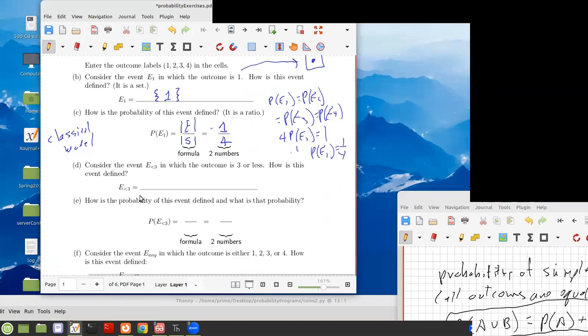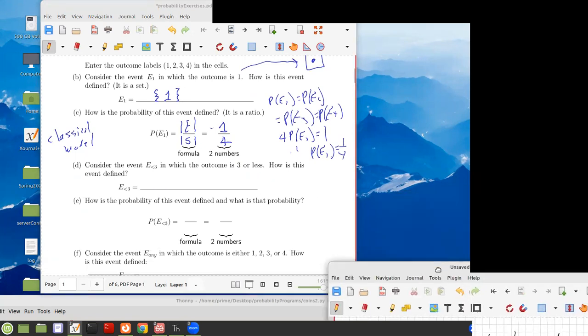Now, let's go on to item D. Consider the event in which the outcome is 3 or less. How is this event defined? So again, see if you can write down how the event that the outcome is 3 or less is defined.